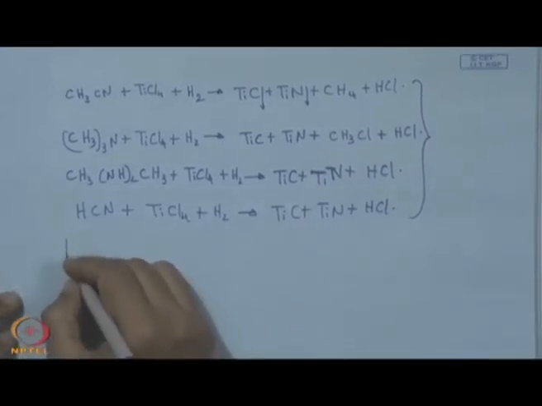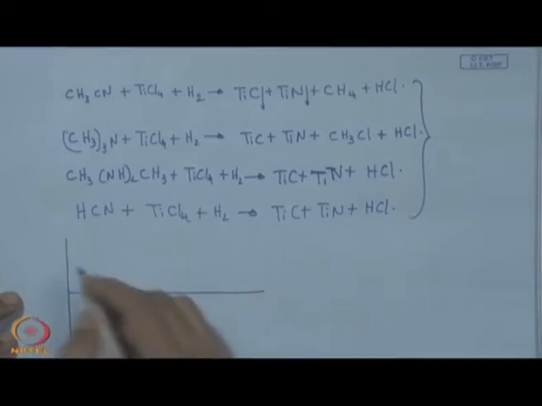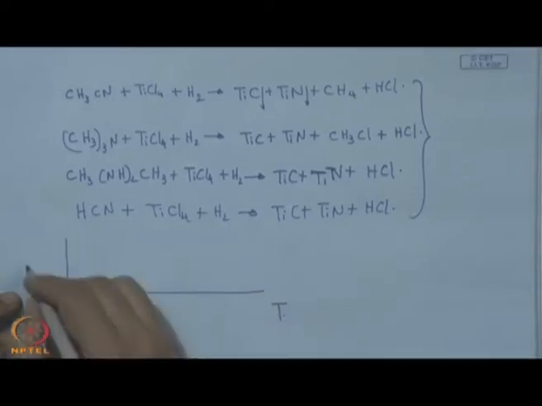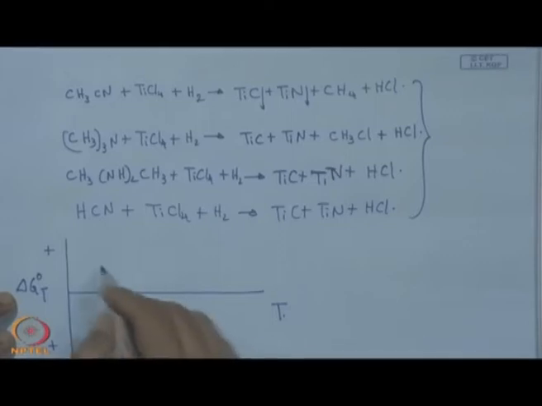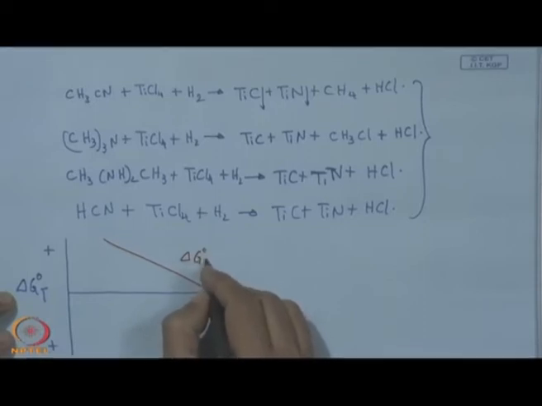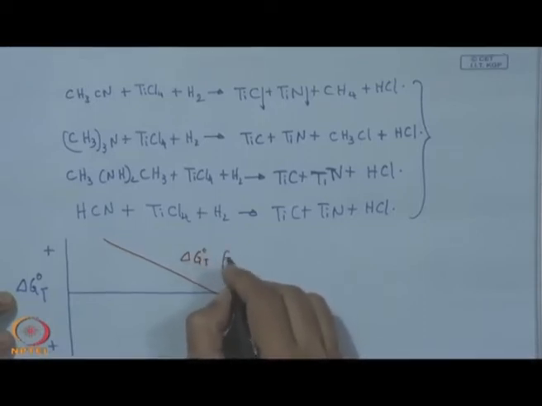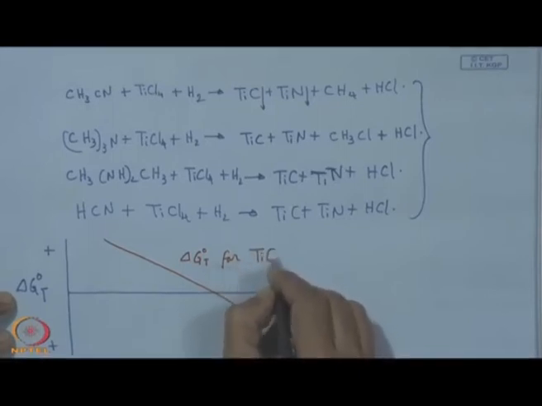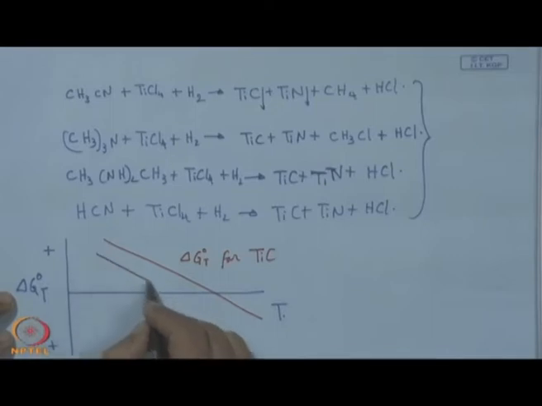That means, if we see here, this is temperature, delta G 0 T, at the standard state, plus and minus. Now, here we can put this one, say for normal change of free energy for reaction leading to TiC. Then we have another one which is also delta G0 T for the reaction TiN.